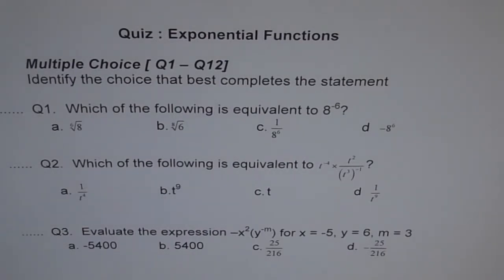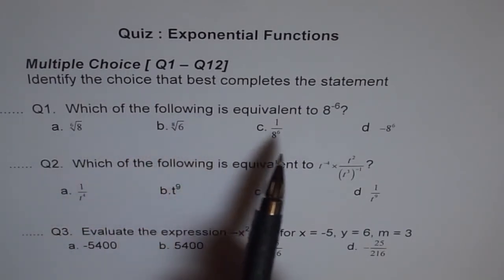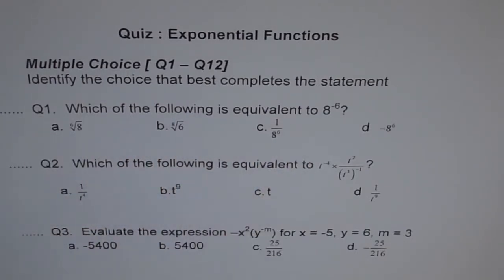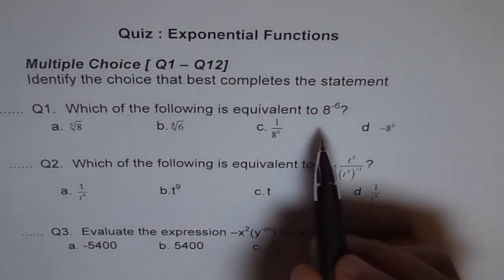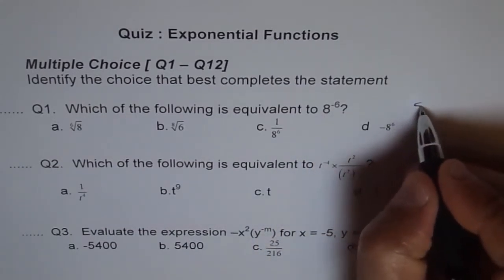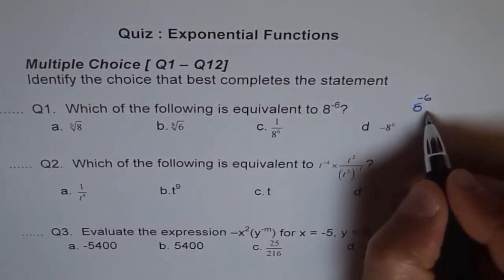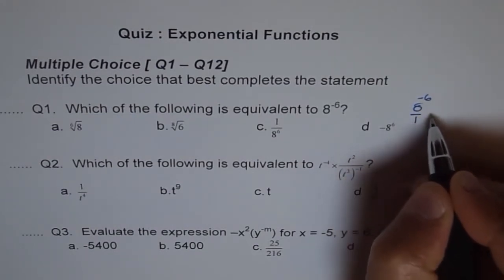Now the very first one says, which of the following is equivalent to 8 to the power of minus 6? As you know, if the power is minus, then we actually write this number as a reciprocal, correct? So 8 to the power of minus 6, think of 8 as 8 over 1.